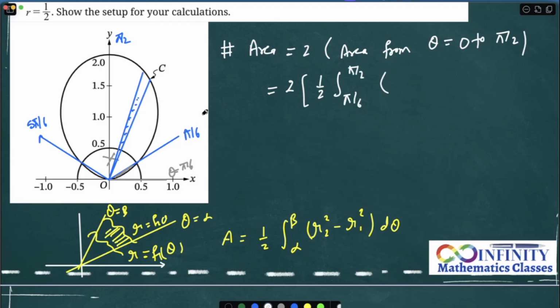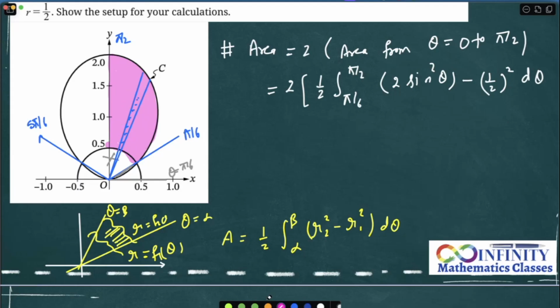The farthest is the curve C, which is 2 sine square theta, minus the nearest, which is the semicircle, 1 by 2 square, d theta. So this is the area you will get from pi by 6 to pi by 2. And I made it twice so that I will be able to cover all the area.